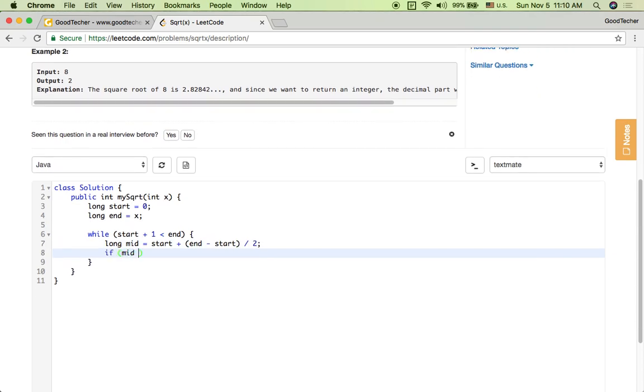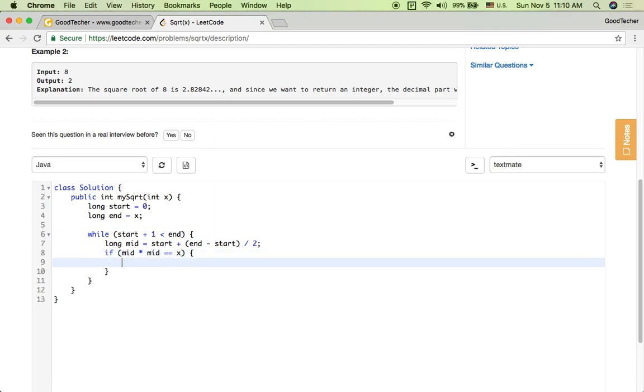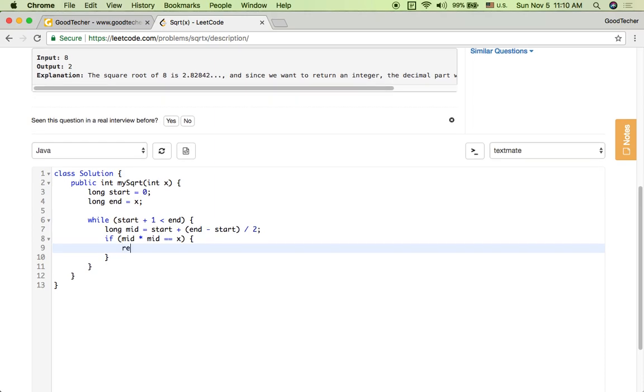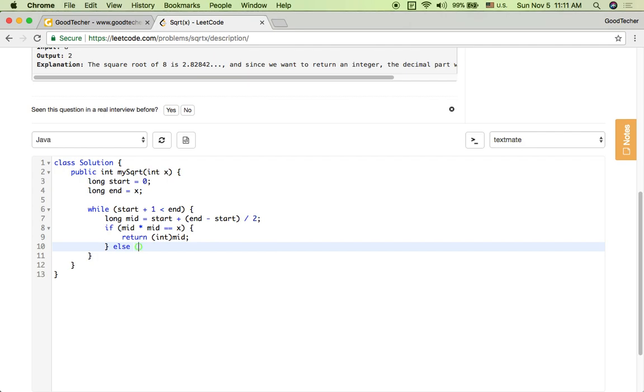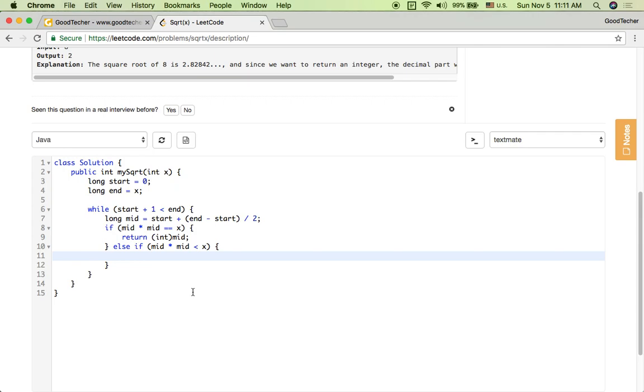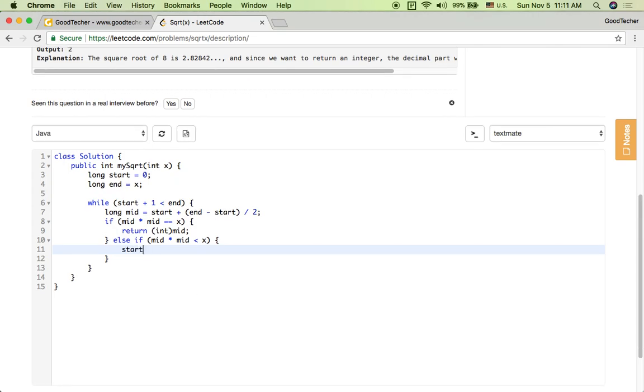If the mid position multiplied by mid, as we just said, is equal to x, we know that this is the place where the square root happens, so we just cast it to integer and directly return it. Else, if the mid position squared is less than x, we need to move the start.